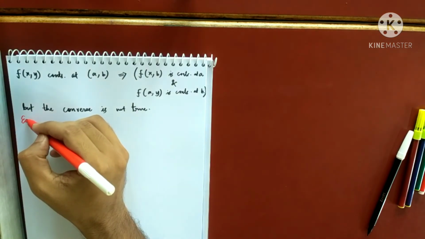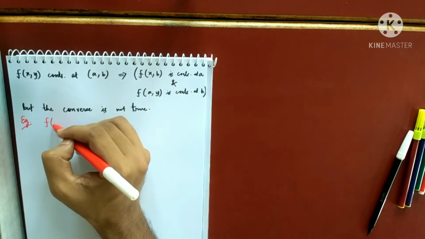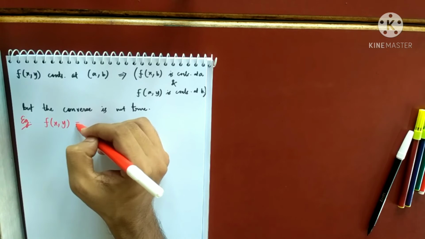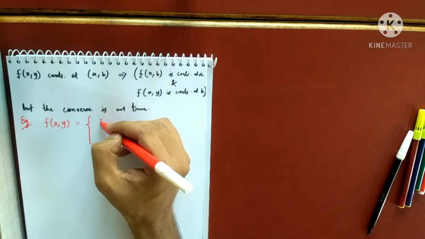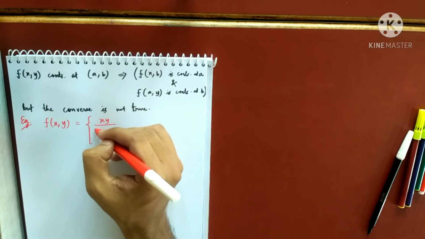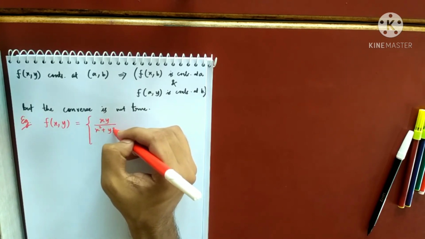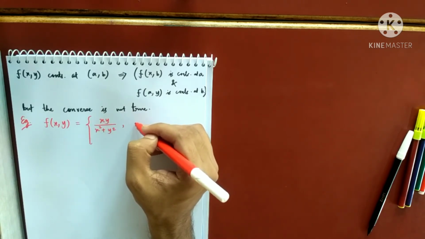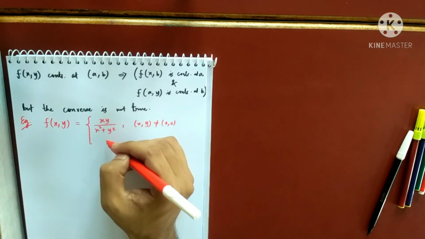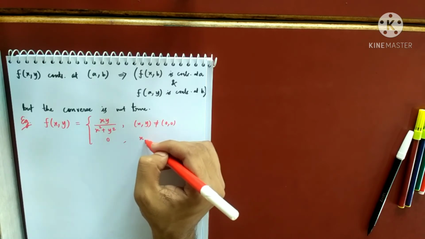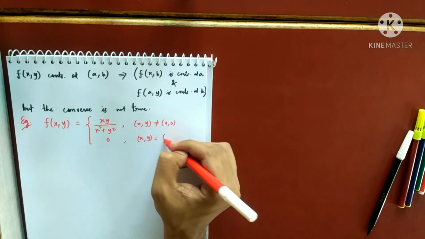Consider this function which you have seen so many times. Try to remember this function. It is a very nice function which helps us disprove so many things. It is defined for (x, y) not equal to (0, 0), and it is 0 if (x, y) is (0, 0).